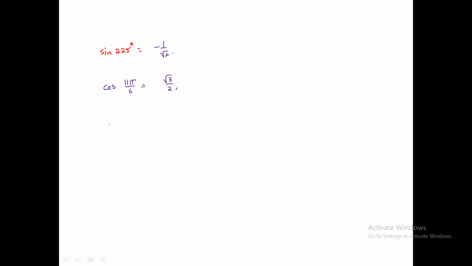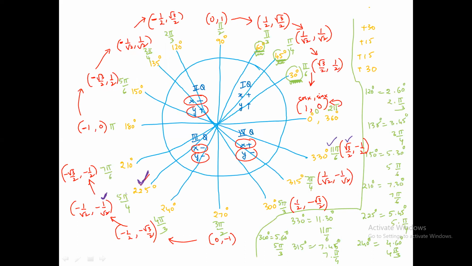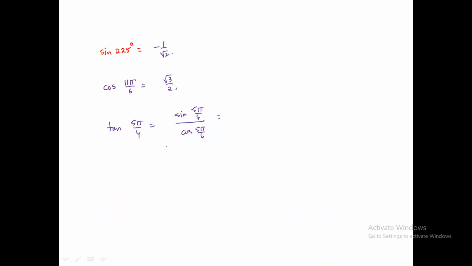Apart from sine and cos, suppose I ask you what is tan 5 pi by 4, then you can write it as sine 5 pi by 4 by cos 5 pi by 4. Where is 5 pi by 4? 5 pi by 4 is here. Sine is minus 1 by root 2. Cos is minus 1 by root 2. Both will cancel. Answer is 1.